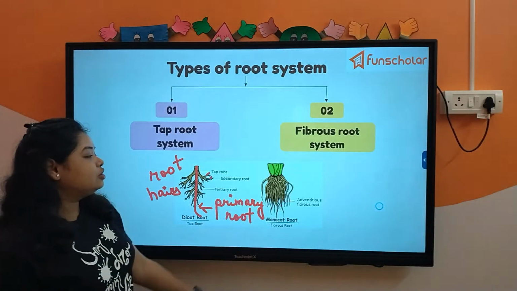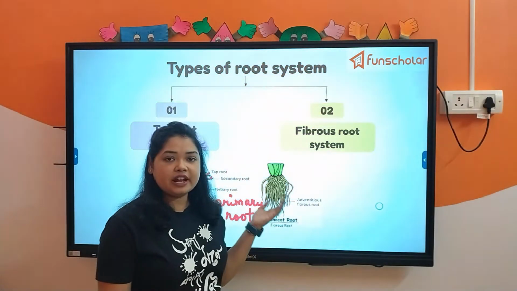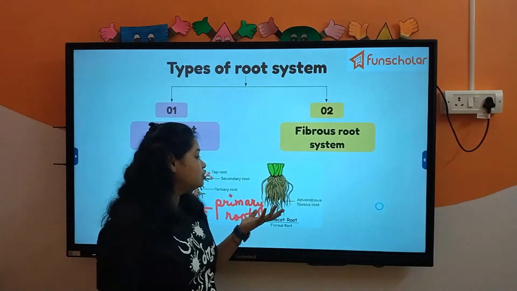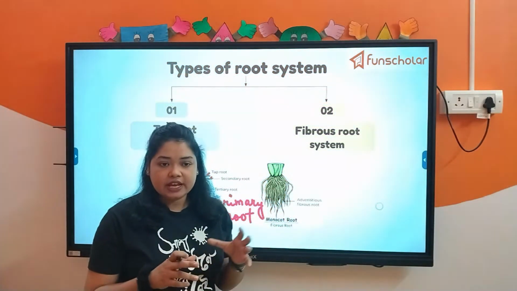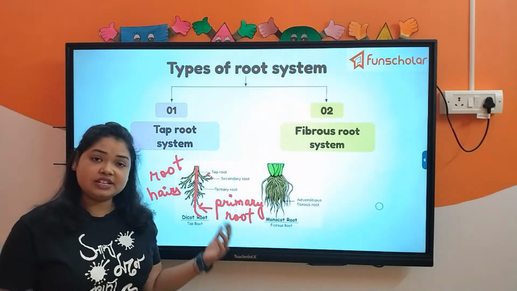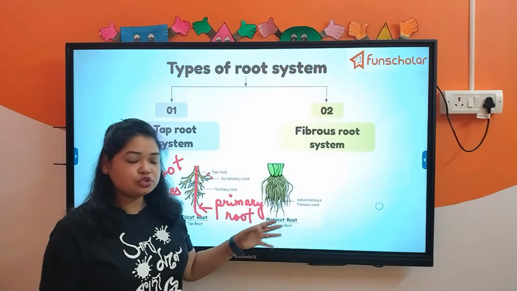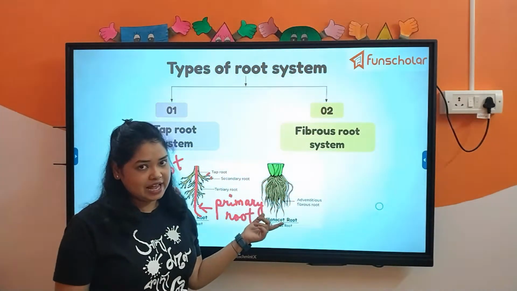Okay, and coming to the fibrous root system, here from the picture only you can identify fibrous roots will be a cluster of roots. You cannot identify which one is the main branch, which one is the side branch, like this. There will be a cluster of roots, all of them will look alike.